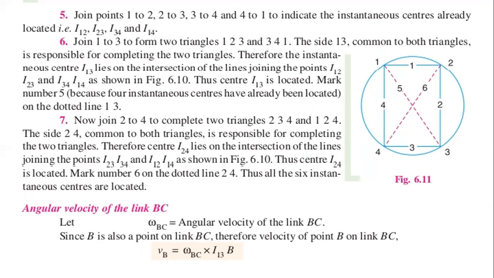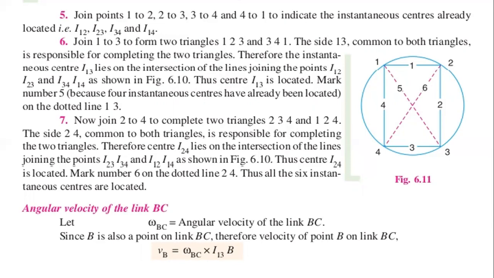That is the last part we are going to find out. Let omega BC be the angular velocity of the link BC.